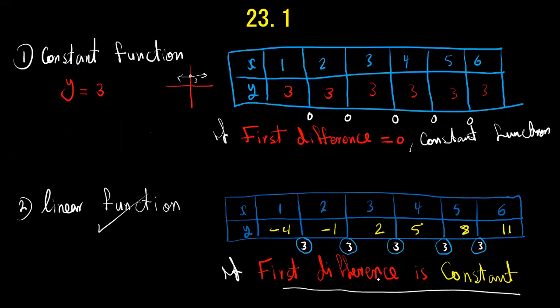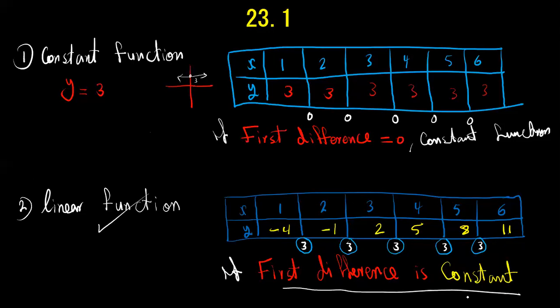If the first difference is constant, like any number, but same number, 3, 3, 3, 5, 5, 5, the function will be linear one. So you can distinguish between the two tables by getting the first difference. If first difference is 0, constant. If first difference is a number other than 0, it will be linear function.